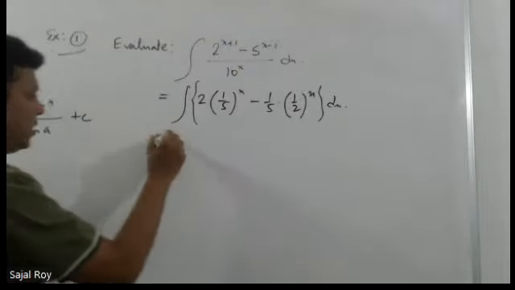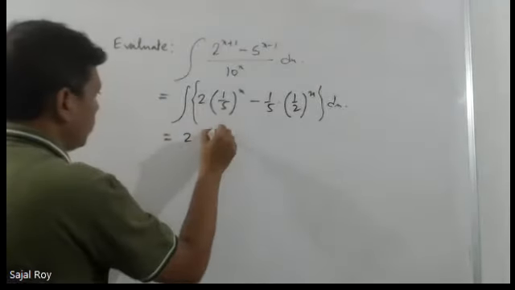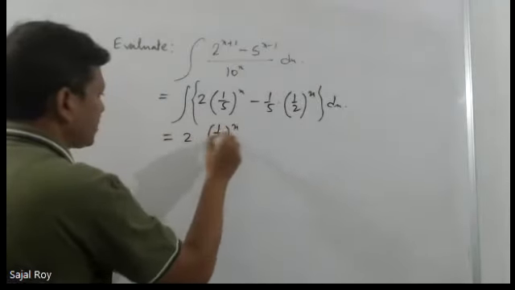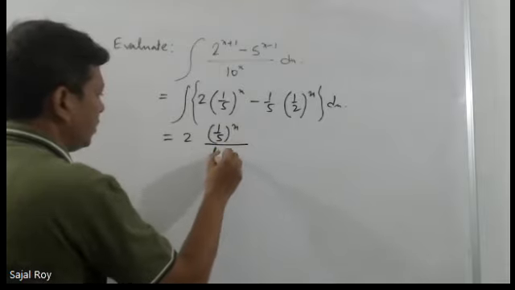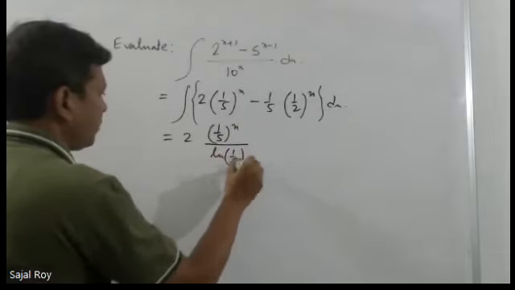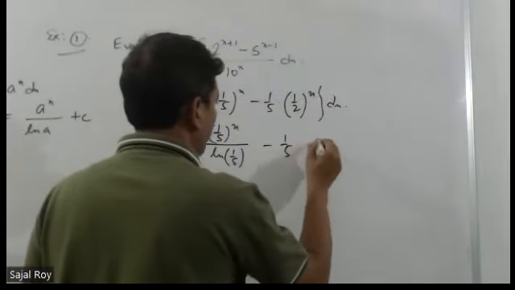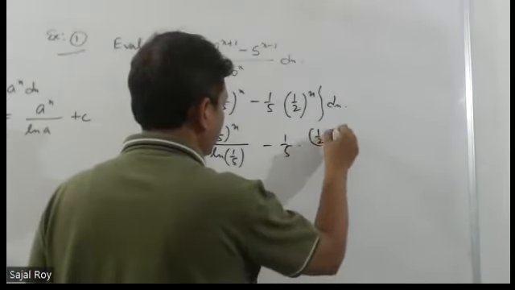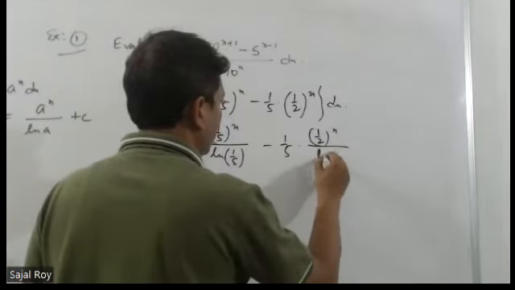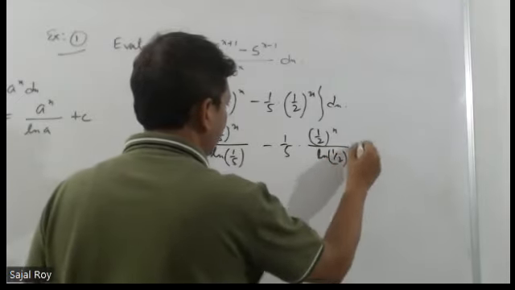So that's going to be 2 into 1 by 5 to the power x over ln 1 by 5 minus 1 by 5 into half to the power x over ln half.